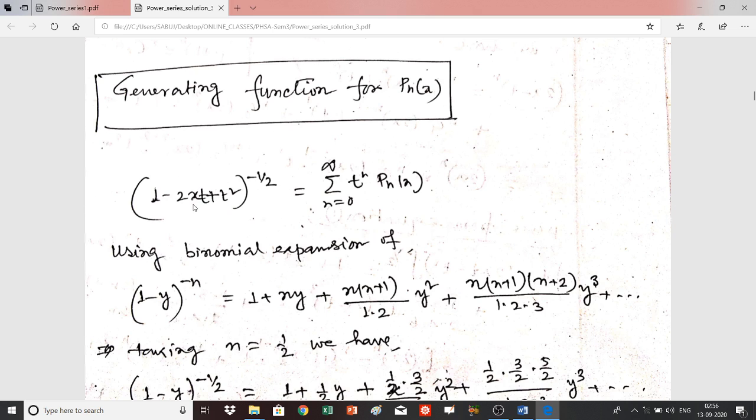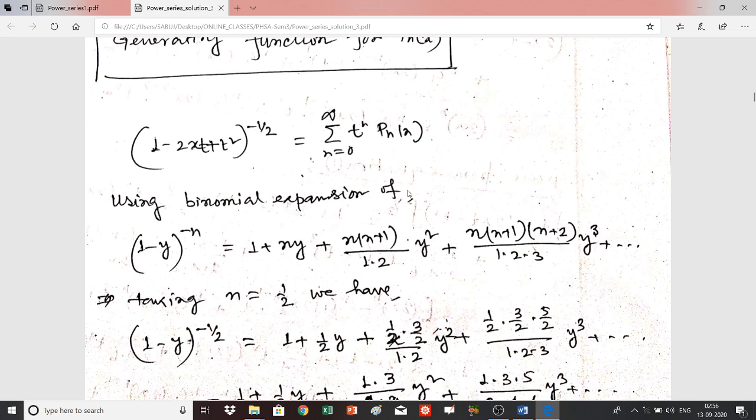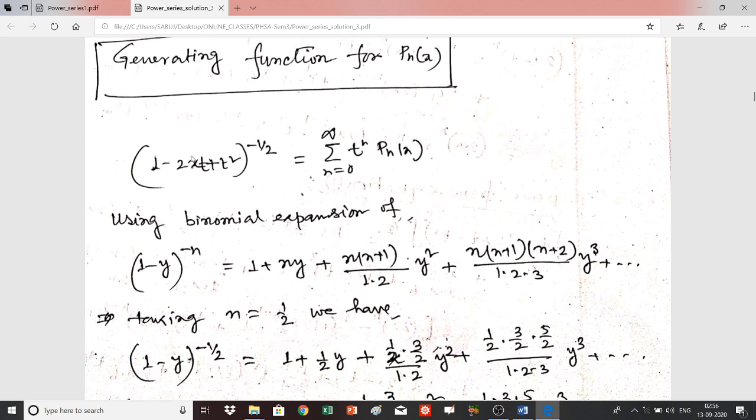Thus it is called the generating function of Pn(x). We will try to prove whether this is the generating function, that means the solution of Legendre differential equation of first kind.